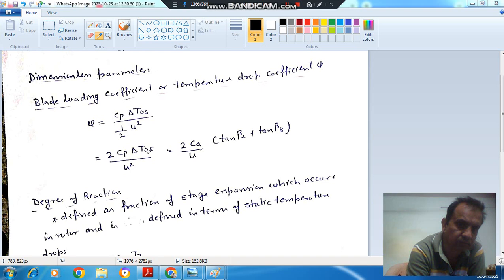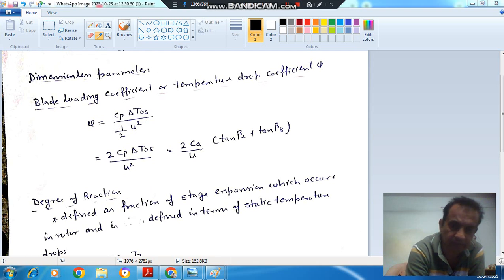And this T0s can be written as u Ca (tangent beta 2 plus tangent beta 3). So u will cancel out with u square, so here it will be 2 Ca by u (tangent beta 2 plus tangent beta 3). Okay, so this is the first dimensionless parameter, that is the blade loading coefficient, that is work done by kinetic energy.